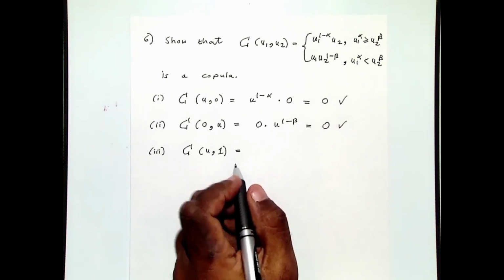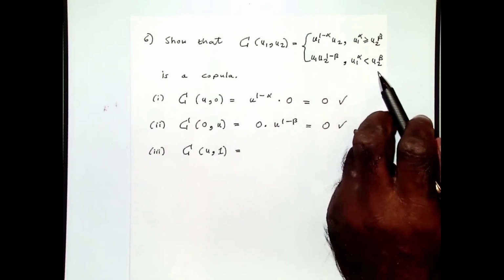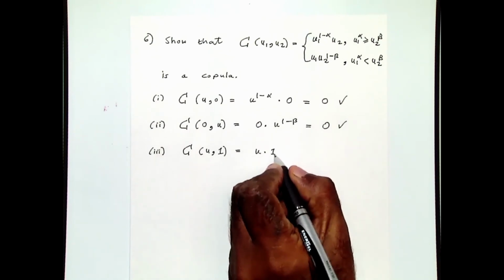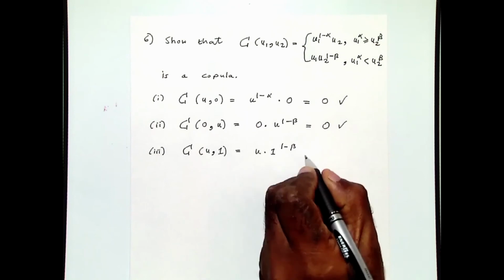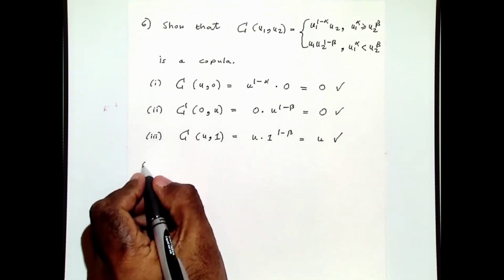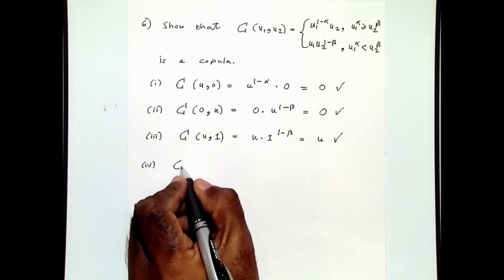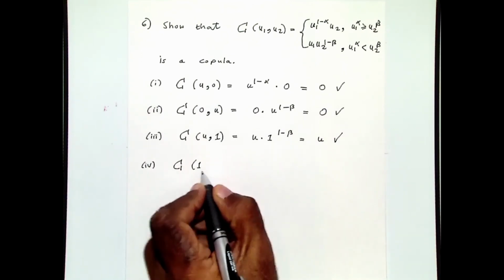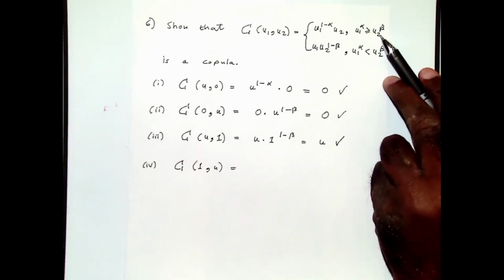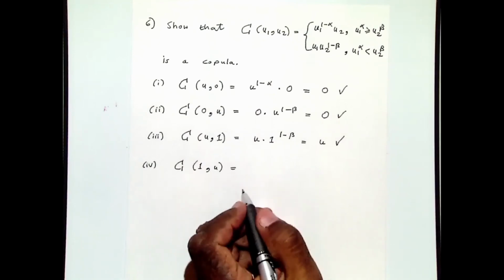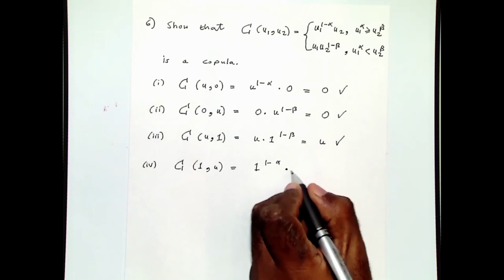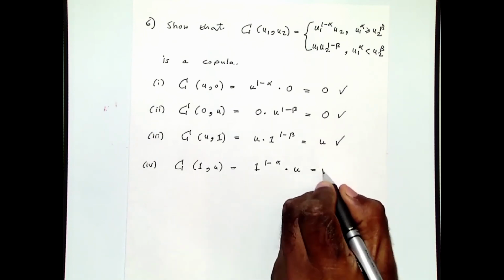This condition is satisfied because u2 is 1. So it's going to be u times 1 to the power 1 minus beta, which is u. Alright. And condition 4, C(1, u). This condition is satisfied. So it's going to be 1 to the power 1 minus alpha times u, which is u.